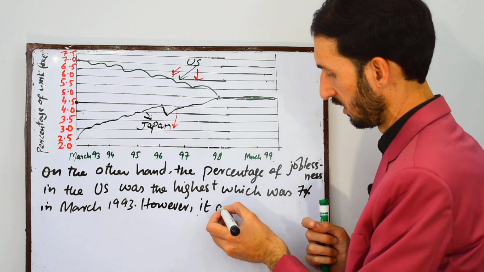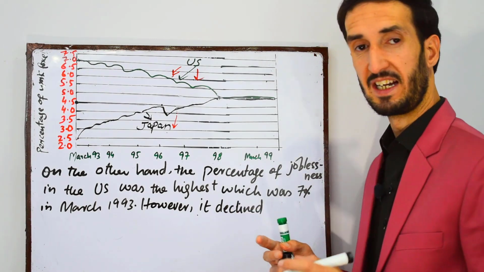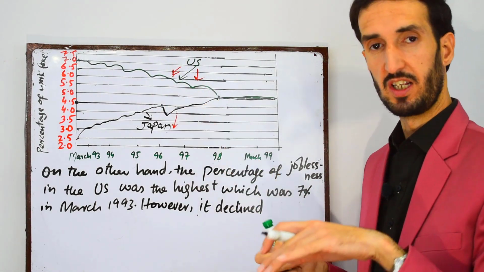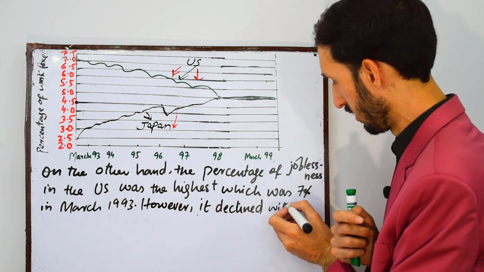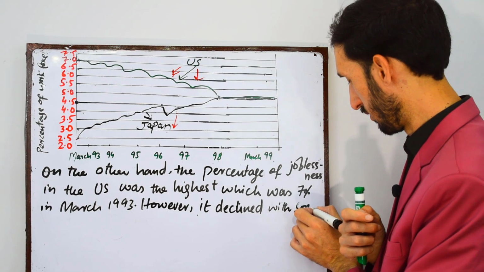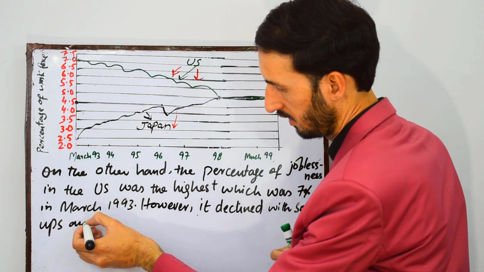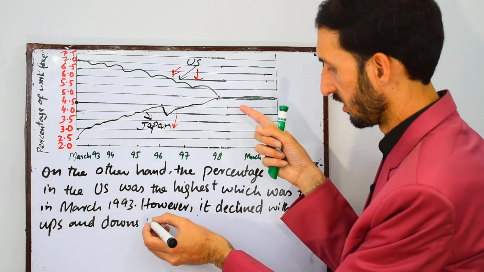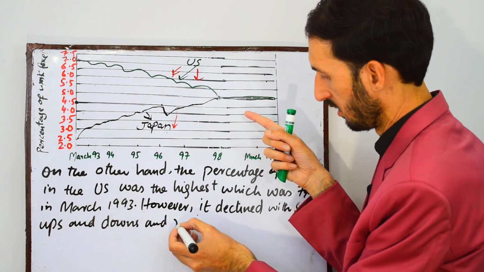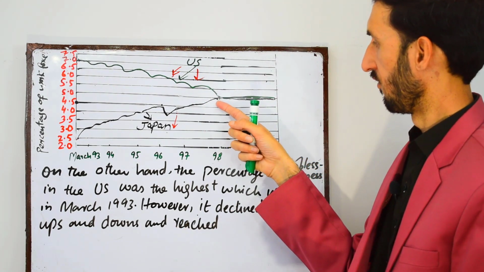However, it declined with some ups and downs, and reached where? 5%.